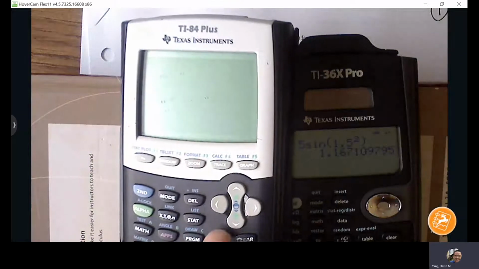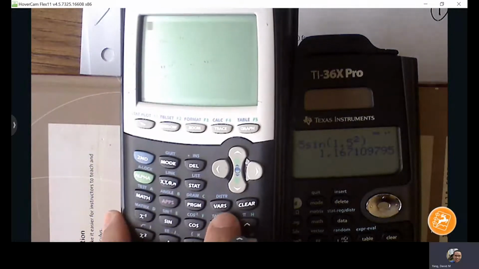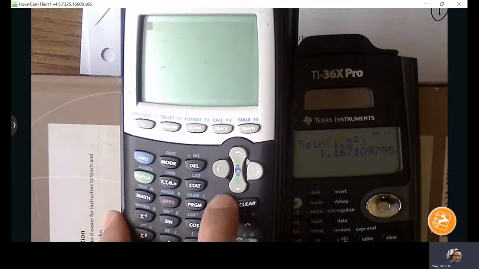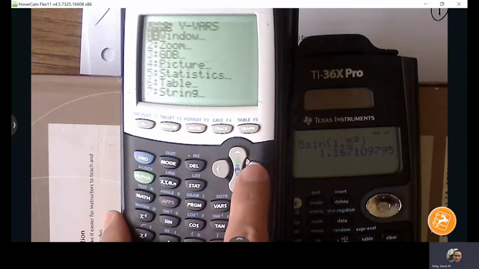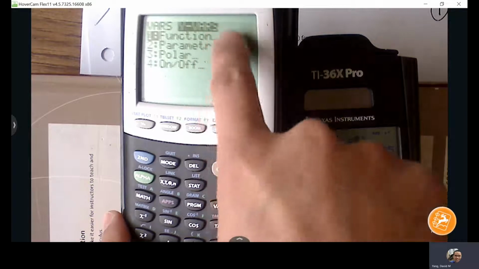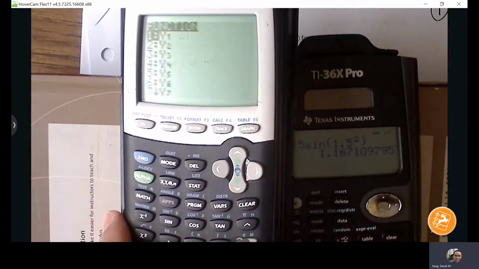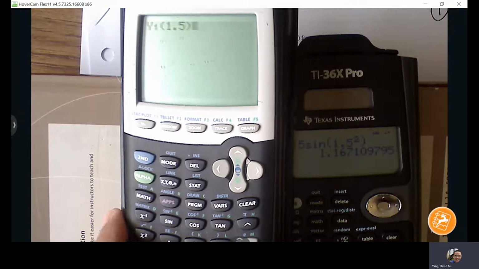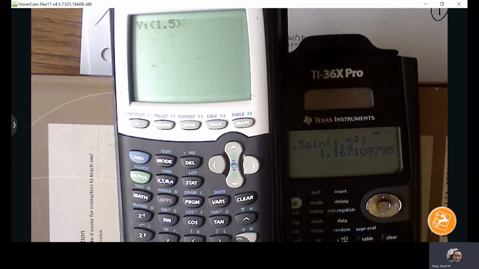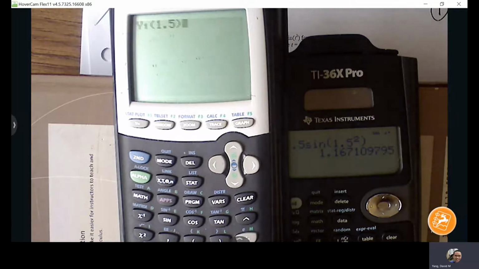So if we go to vars, there's that button next to clear, scroll over to y-vars, and then function, and then y1. Now, if you put parentheses 1.5, it's going to take 1.5 and insert it into the x of everything within x sine x squared.